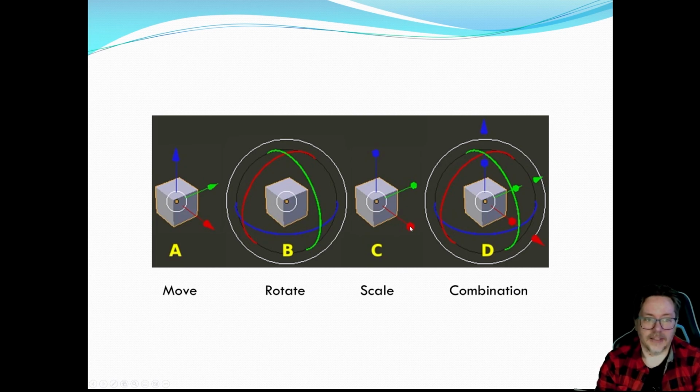Scale is usually indicated by these 3D cubes at the end. So the arrows change to a cube, and if I grab the blue one there, then it would actually pull the scale of the cube up, elongating it to be taller in this respect. And same again, that will scale from the center point.